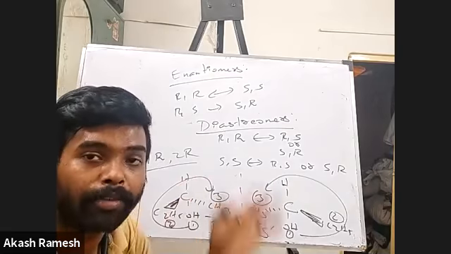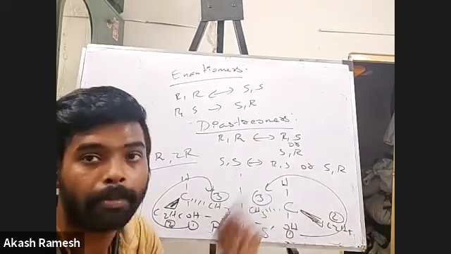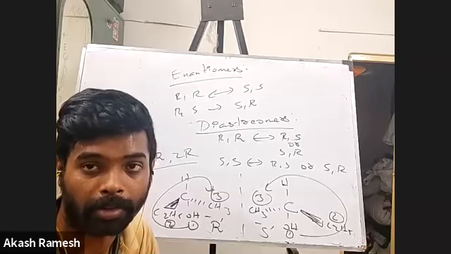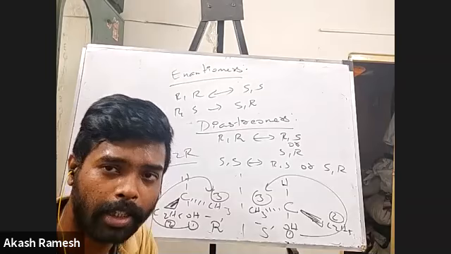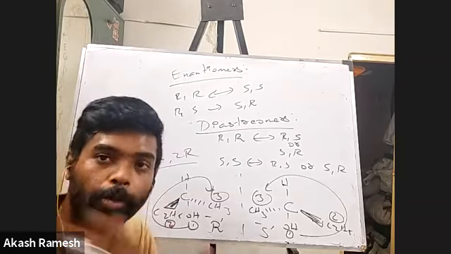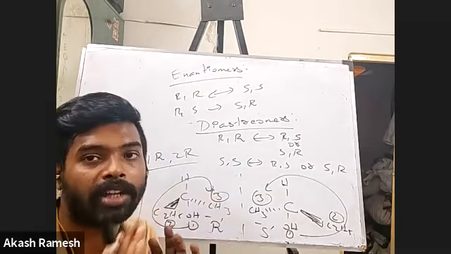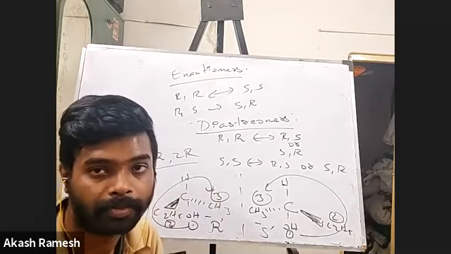For example, if you get R comma S, and you get R comma S there, and if you put the numbers wrong, that means they are not mesomers. They are actually enantiomers, isn't it? So be very careful. First thing you have to do is number the chiral centers. At least put a mental picture: this carbon atom has CH3 and this is my first chiral center. Like that, at least in your mind, keep the numbers.